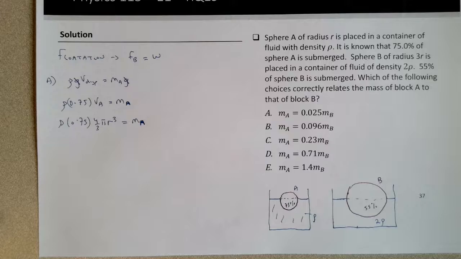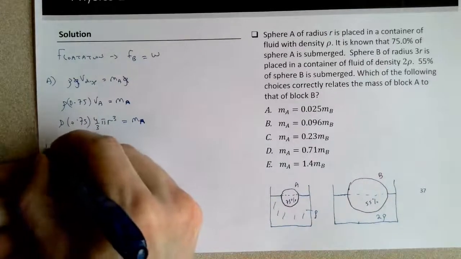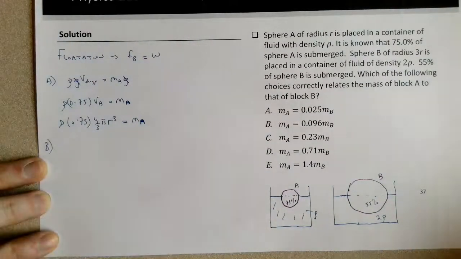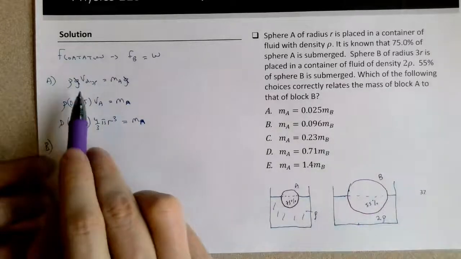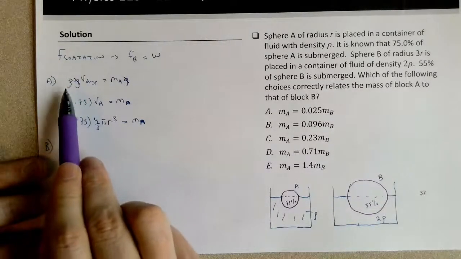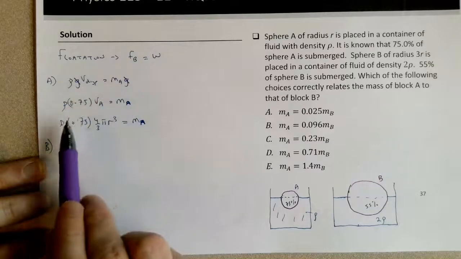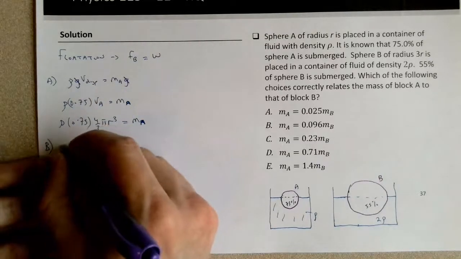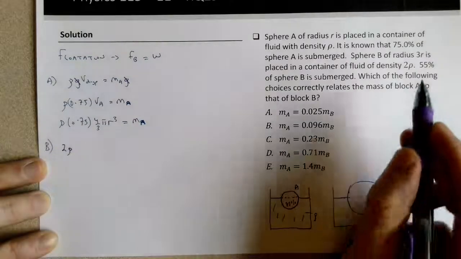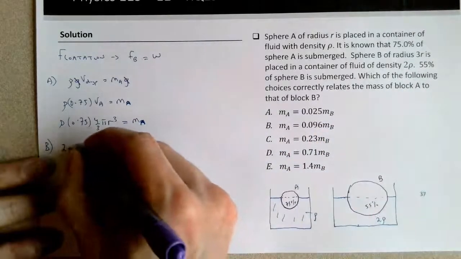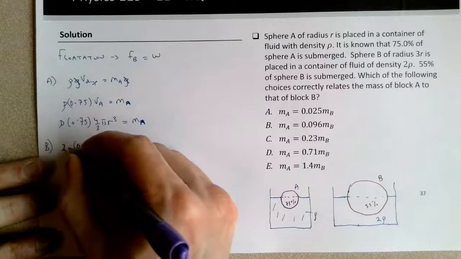Now if we carry out a similar process for block B, hopefully I'll give myself some room here. I'm going to skip the steps. It's going to be 2 rho times g times the volume displaced equals the mass of B, so I'll skip down to this step for B. So it'll be 2 times rho. This time we have 55% of the volume, so 0.55.